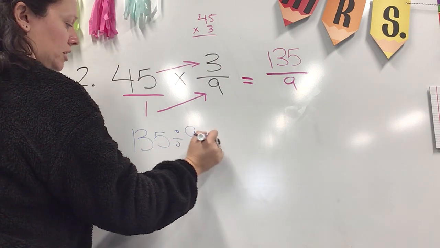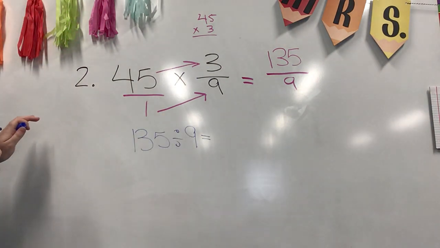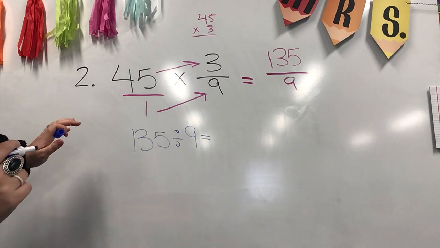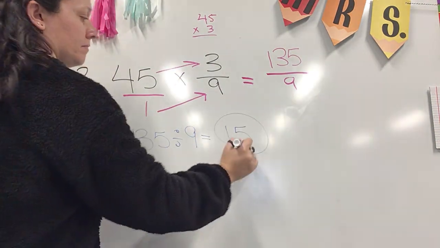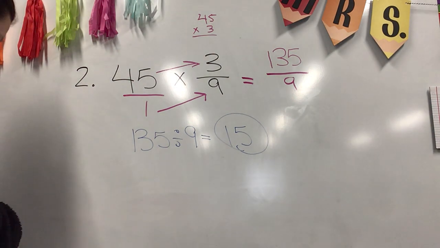And what did you get when you did that division? 15. Very nice. Good. All right. Independently now, I want you doing this one.